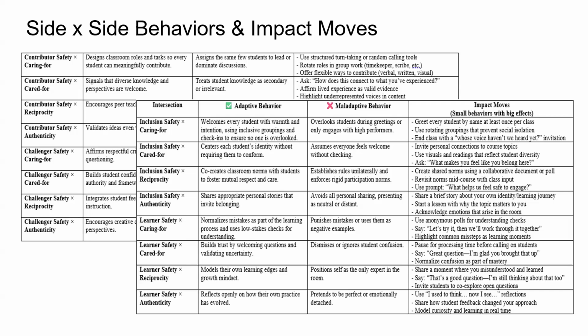You can greet every student by name at least once per class. You can use rotating groupings that prevent social isolation. And you could end every class with whose voice hasn't been heard yet, for inclusion safety.